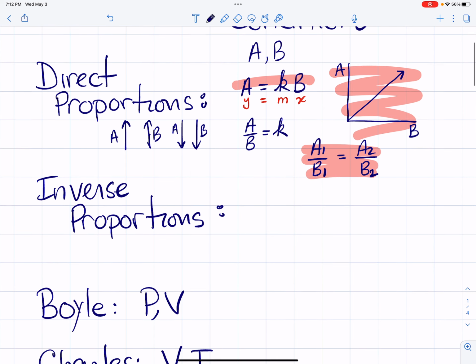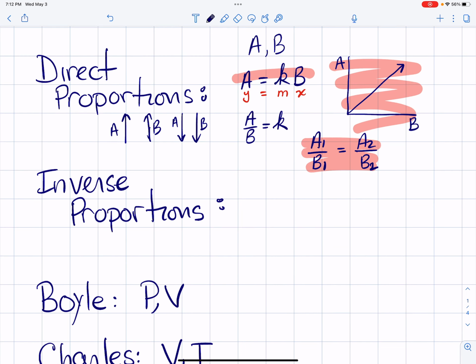Another type of relationship that we saw with these types of gas laws was the inverse relationship, the inverse proportion. And there, when one variable increased, if your A were to increase, the other variable would decrease by the same factor. So if A were to triple, the B would end up being 1/3 of its original value.